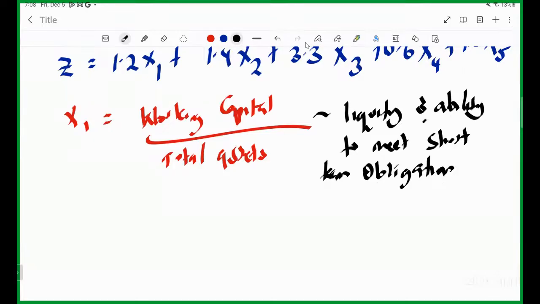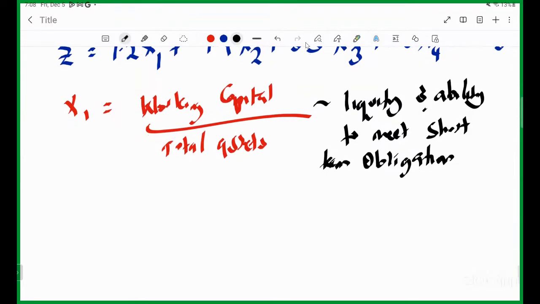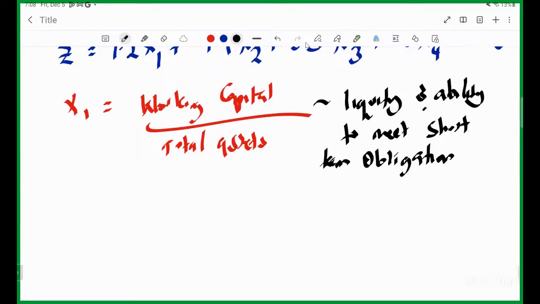By the way, you know working capital is current assets minus current liabilities. You add all the components in the balance sheet of current assets, and you subtract all the components of current liabilities. The total assets will be given to you, and you get it. So you'll have the liquidity. This one is going to measure the liquidity and the ability of the company to meet its short-term obligation.